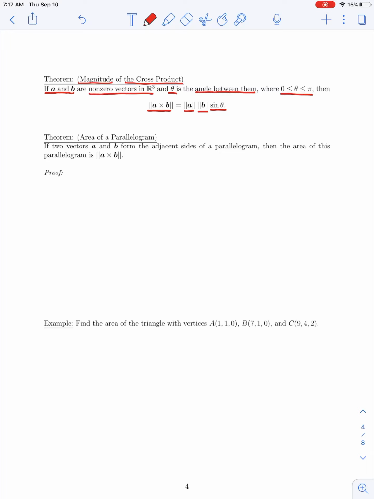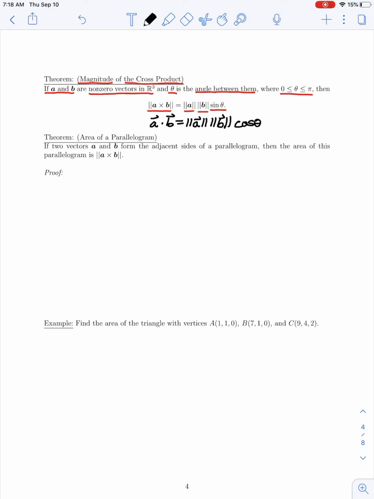So this theorem gives us another way that we could try to find the angle between two vectors if we make use of their cross product. The other formula which we were making use of was the following: the fact that the dot product of two vectors is given by the product of their magnitudes times cosine theta.